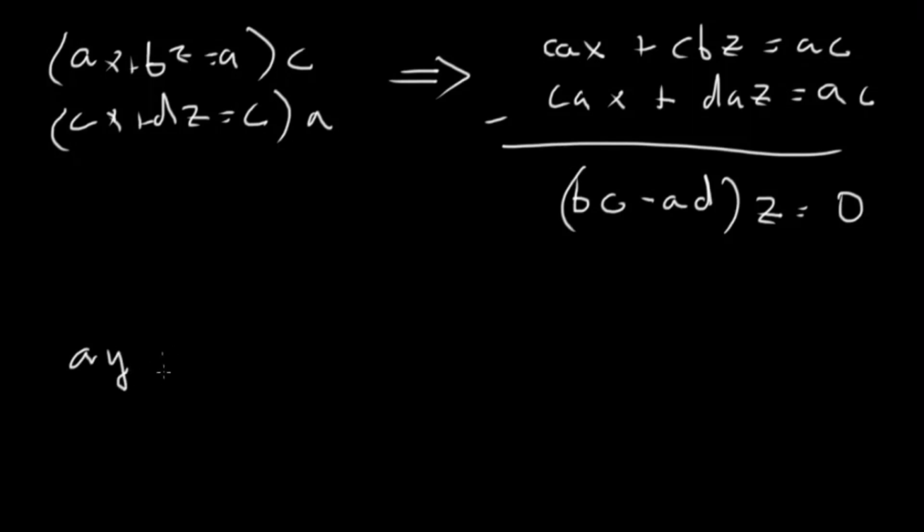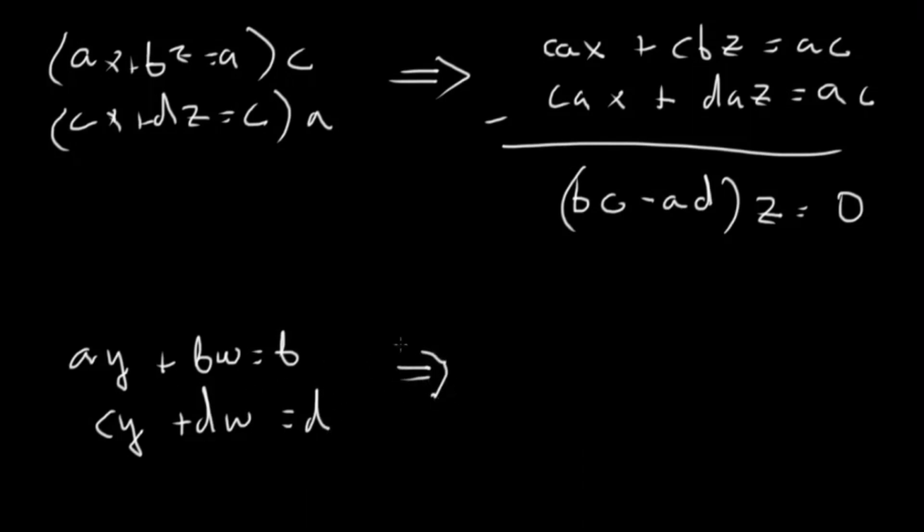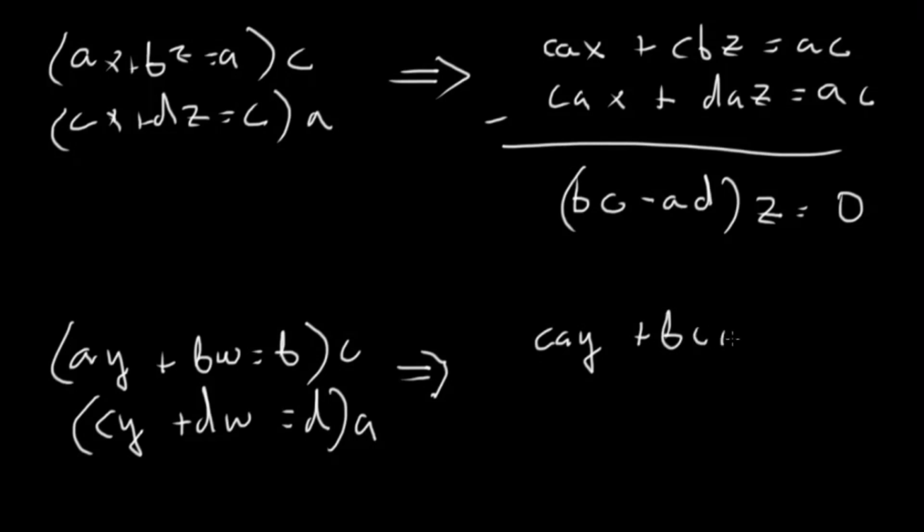Similarly, I can do the same thing with the other pair. ay plus bw equals b, and cy plus dw equals d. I multiply the first by c and the second by a, and I get cay plus bcw equals bc, and cay plus daw equals da.